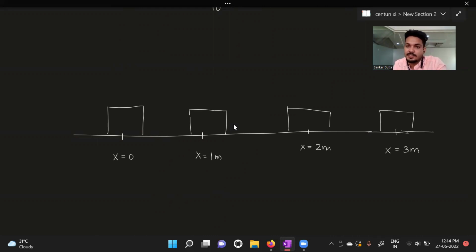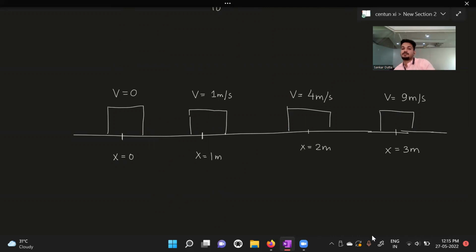Now imagine a velocity like this. Initially, when the block is at 0, the velocity is 0. When the block is located at x equal to 1, the velocity becomes 1 meter per second. When the block reaches 2 meter, the velocity becomes 4 meter per second. And when it reaches 3 meters, the velocity becomes 9 meter per second.